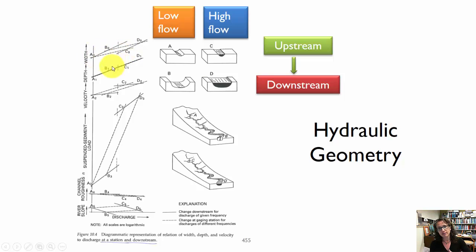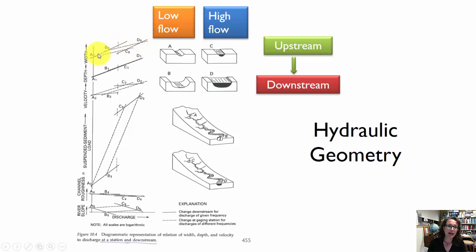So what we can see is the difference in the relationship between discharge and width at-a-station versus downstream. So how does width change with discharge at the same cross section, and how does width change with discharge as we move downstream? So you can see from A to B and C to D, that's downstream.